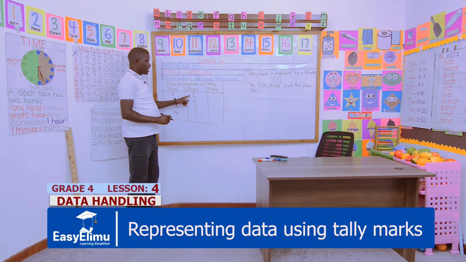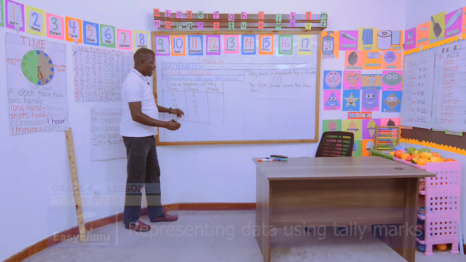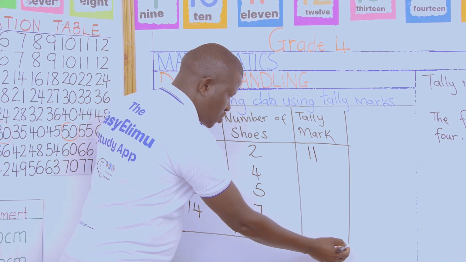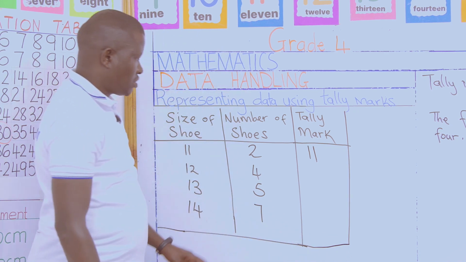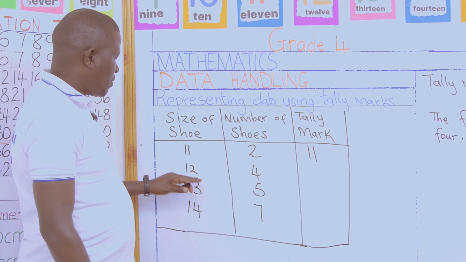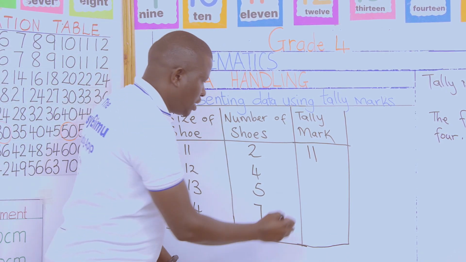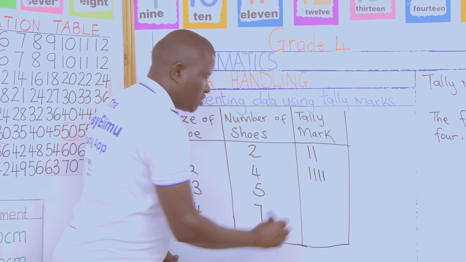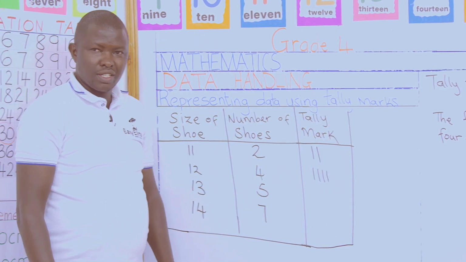When we are representing 2 using the tally mark, I will only put vertical strokes. Only 2 strokes to represent 2. If I put 4 strokes, there will be 4 of them: 1, 2, 3, 4.